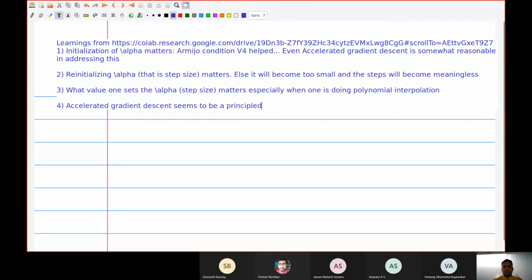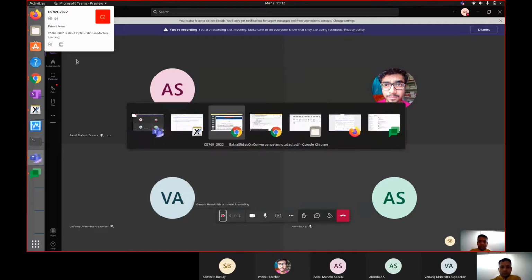Why did the line search condition 4 converge faster than accelerated? Because I think in accelerated also you can use condition 4. I didn't use it, but you can. The question coming from the class is, can we use the RVO conditions in accelerated? Yes. Very good question.